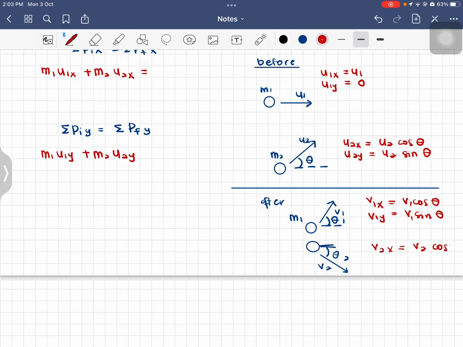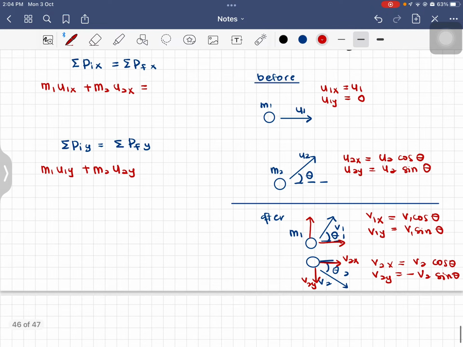V2 cos theta, but your Y component is negative. V2 sin theta. Sebab apa dia ke bawah? This is V2Y, this is V2X. Okay, sama juga dengan V1 lah. V1X dengan V1Y. Dia positif sebab V1X awak ke kanan, V1Y awak ke atas.